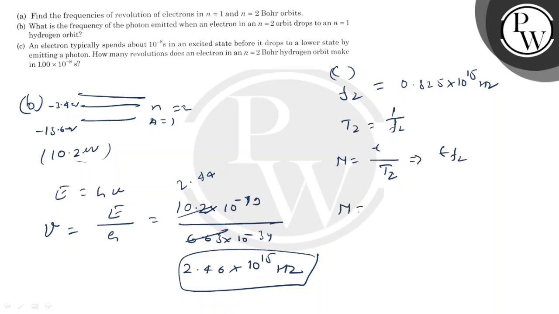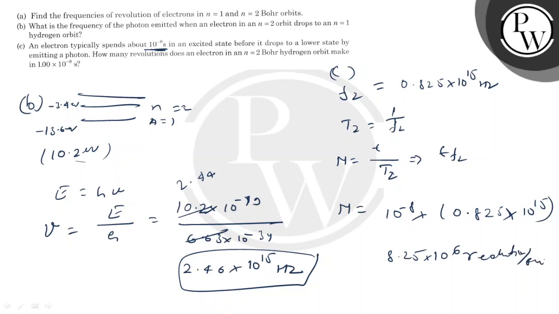Here small t is the time spent, so n equals 10 to the power minus 8 into 0.825 into 10 to the power 15, which comes to 8.25 into 10 to the power 6 revolutions.